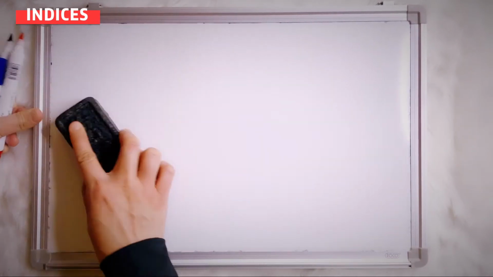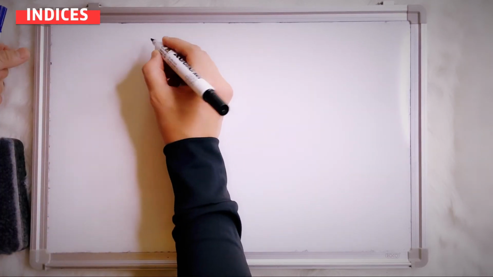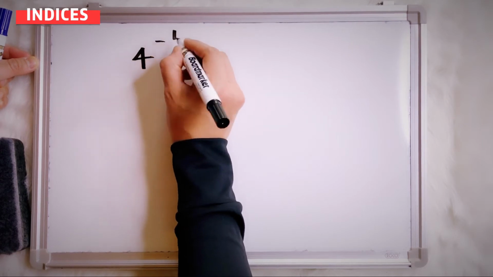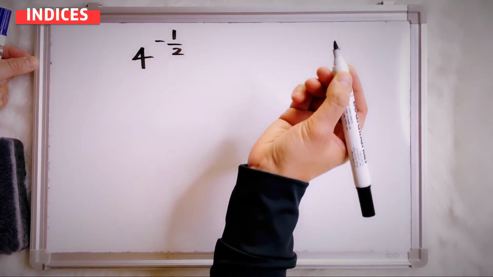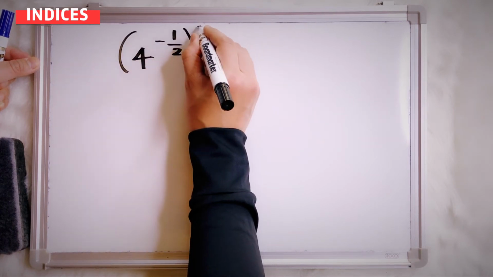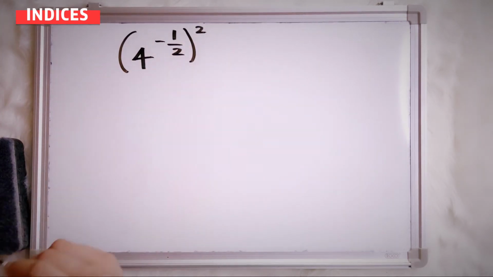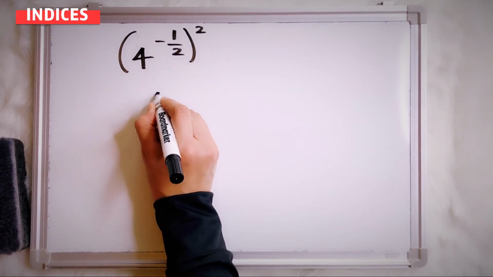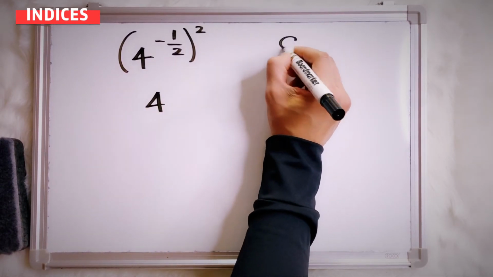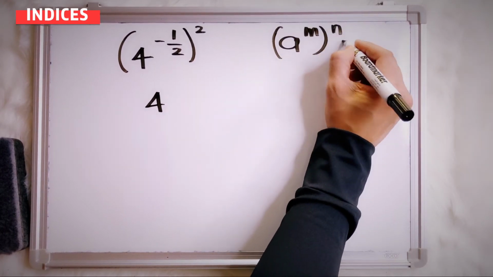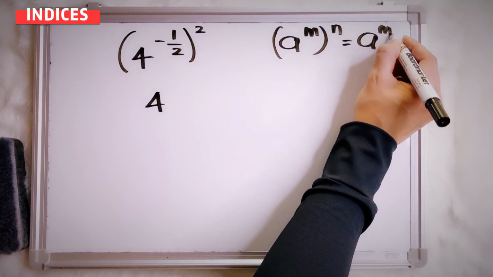Okay, now next. How about I give you 4 to the power of negative 1 over 2, power of 2. Now focus on the index first. Remember here, 4 to the power of m, you multiply with n, your answer will be a to the power of mn, correct?